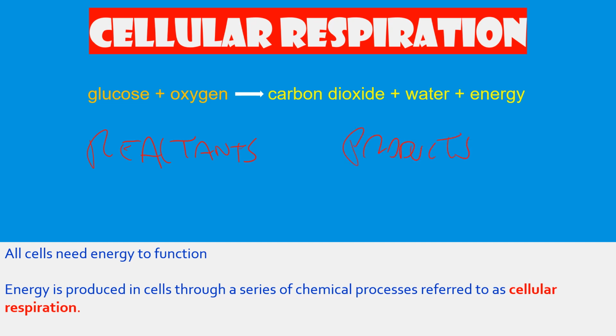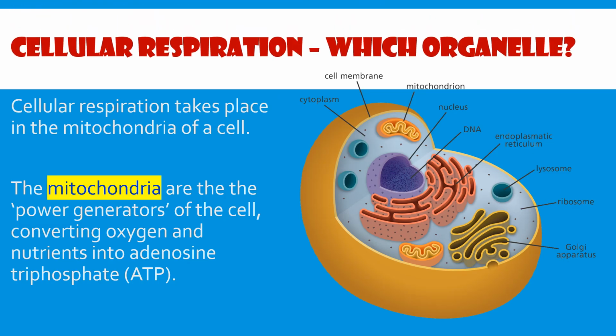Now, our carbon dioxide and our water, they're waste products, but the money is the energy in the form of ATP, adenosine triphosphate. So it's the production of this ATP that is integral for the functionality and survival of the cells in our body. And cellular respiration occurs in the mitochondria, the powerhouse of the cells that you learned a fair bit about in year 7.